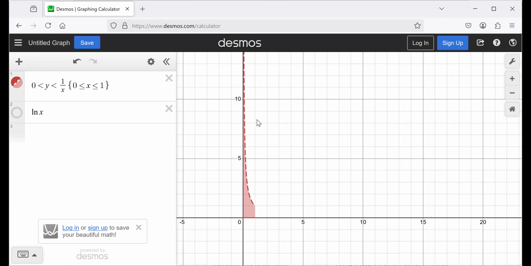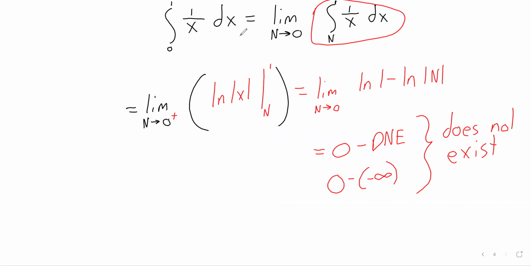This region never stops, it goes up forever, and it might seem very natural that an infinite region should not have a finite area. But in our next example, we'll use this exact same logic.